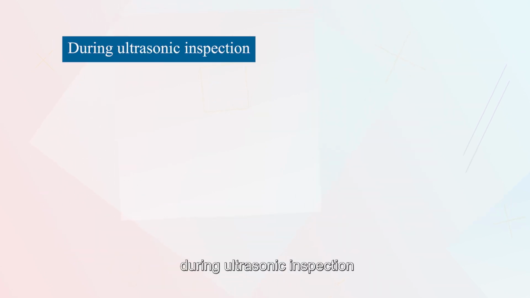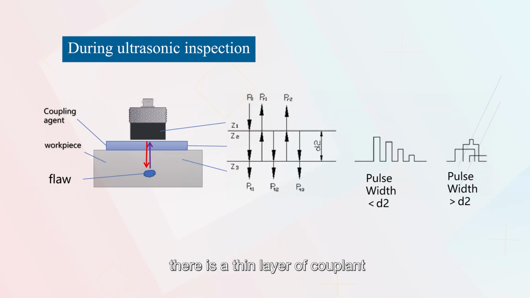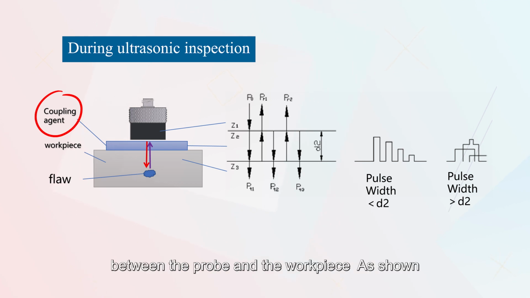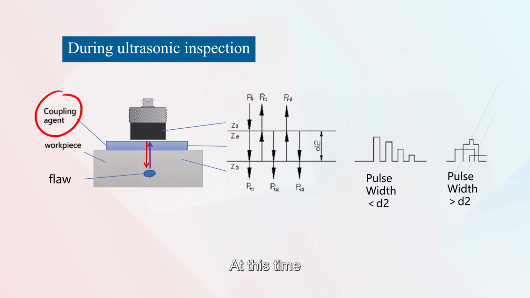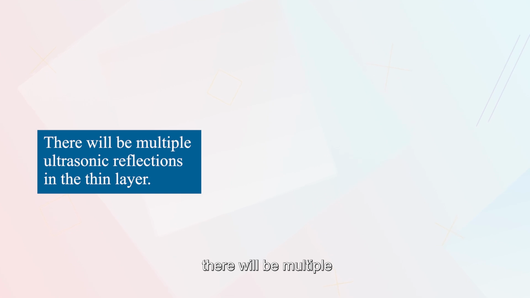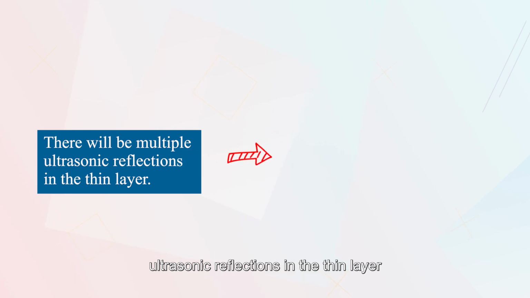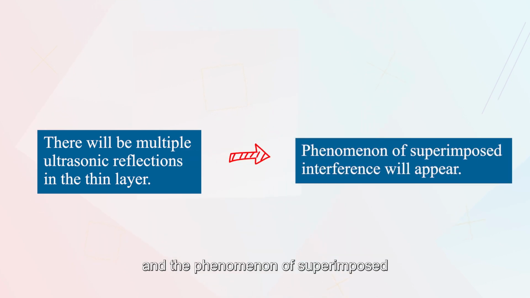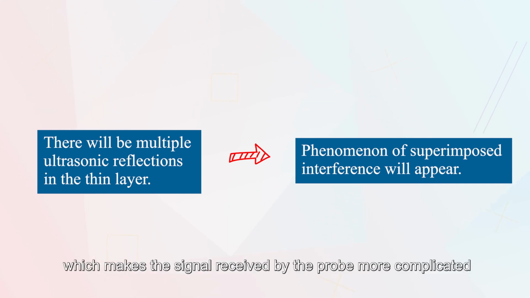In addition, during ultrasonic inspection, there is a thin layer of couplant between the probe and the workpiece, as shown. At this time, if the ultrasonic pulse width is greater than the thickness of the thin layer, there will be multiple ultrasonic reflections in the thin layer, and the phenomenon of superimposed interference will appear, which makes the signal received by the probe more complicated.